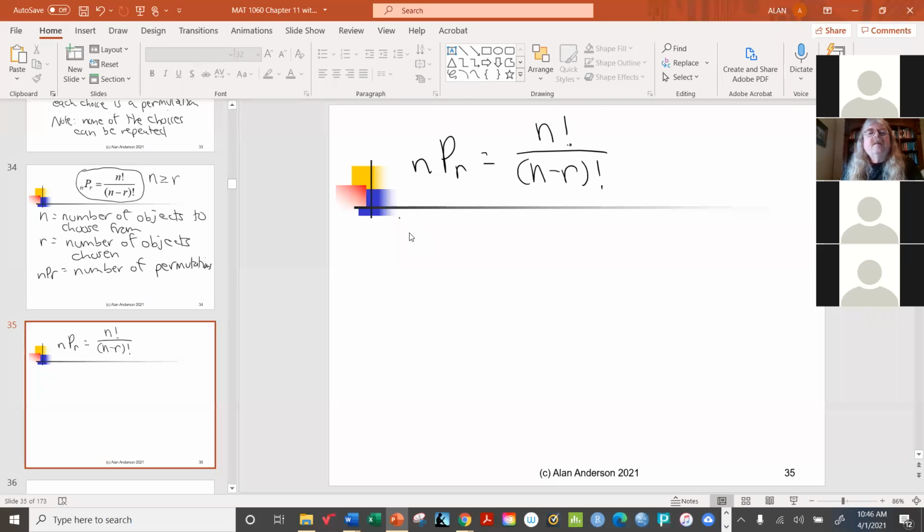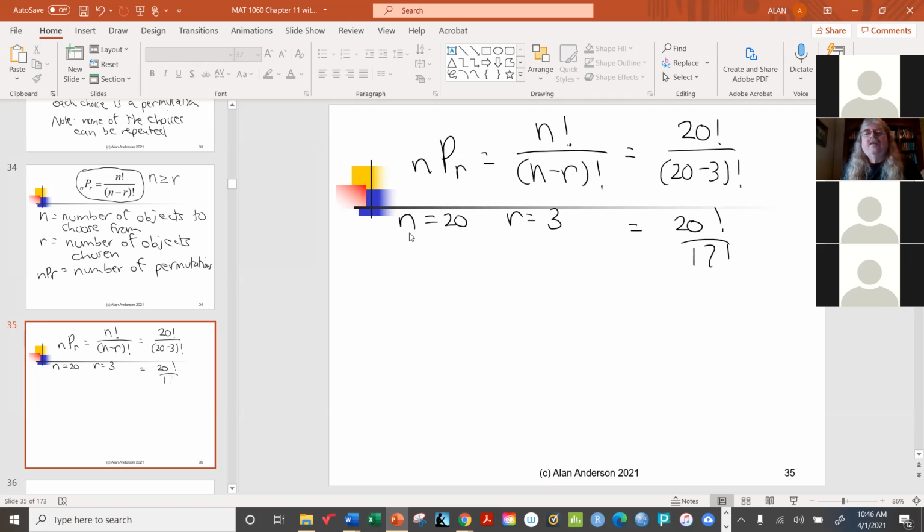And in this case, remember, we had 20 paintings to choose from, and we have wall space for 3 of them. So how many different ways can I choose and hang my paintings? All right, here we go. We have 20 factorial here. We have 20 minus 3 factorial here. And so we have the ratio of 20 factorial over 17 factorial.